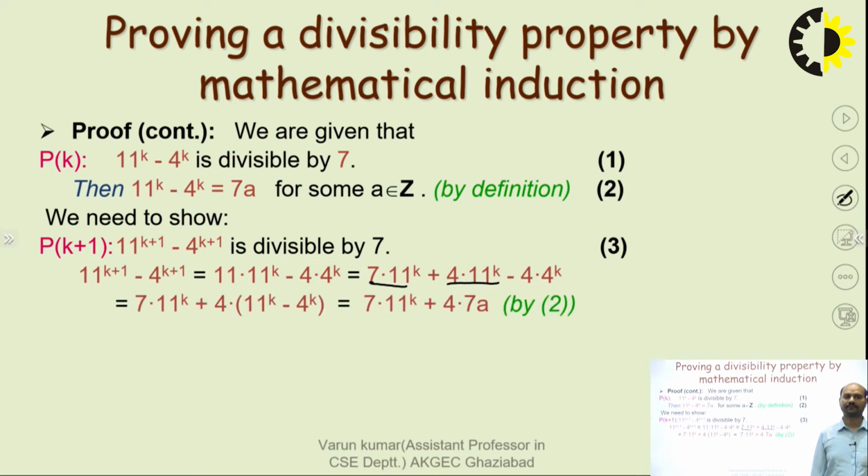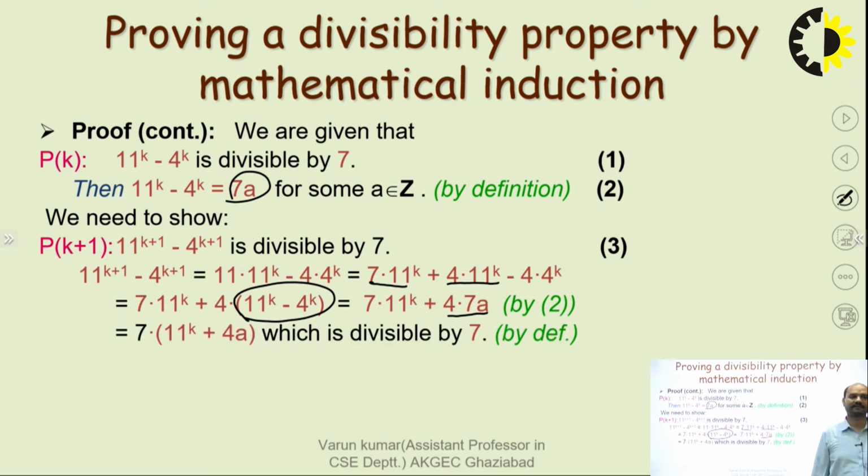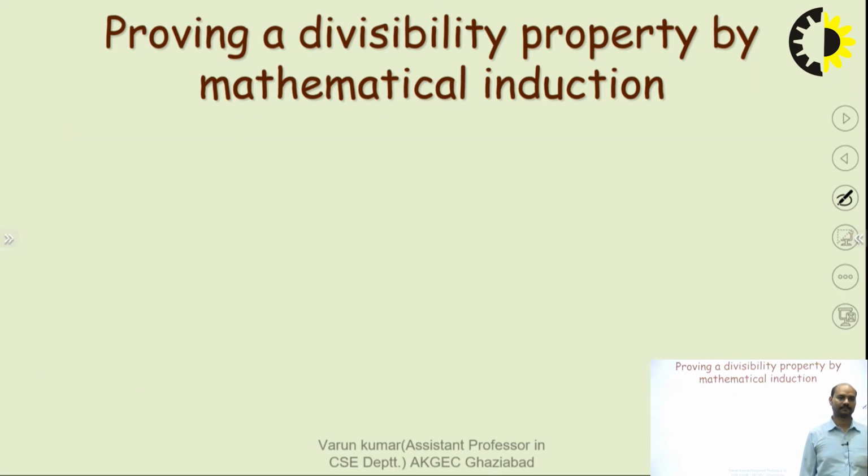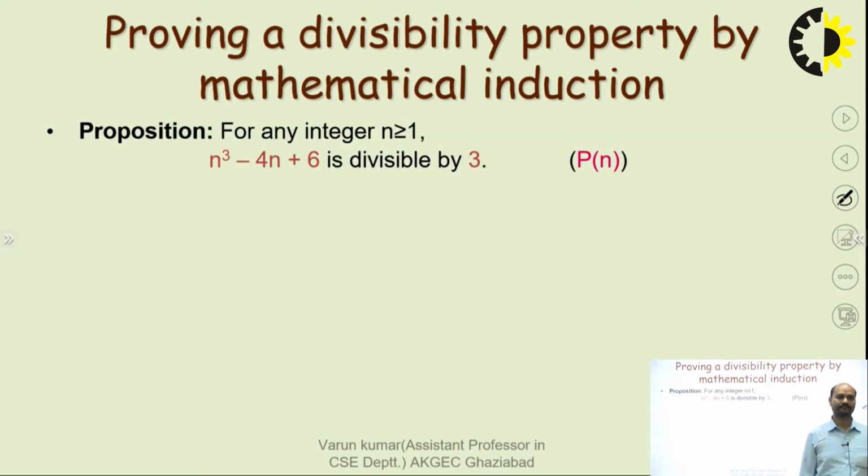Then we take 4 common and we substitute the value from our assumption, that is 7a. So it will become 4 dot 7a. What is common between those two terms? That is 7. So 7 dot 11 to the power k plus 4a, which is divisible by 7 by definition. So this is how to solve a divisibility property using mathematical induction.